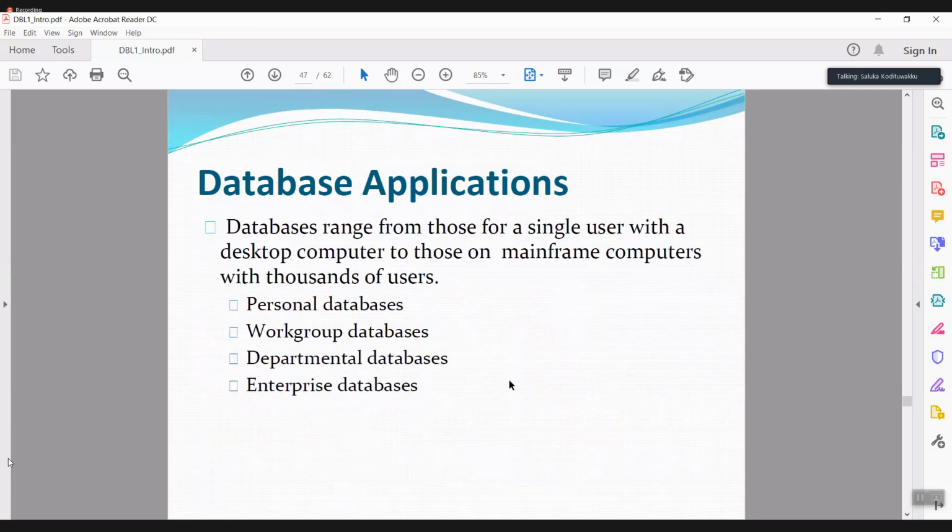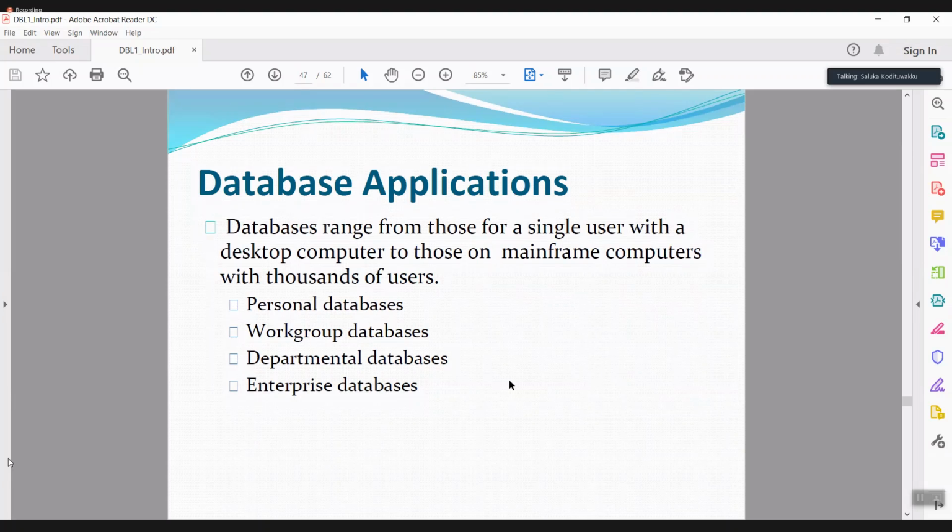And then when we talk about database applications, this means that when managing data, different people want to manage data for different purposes or different objectives. Depending on that, different types of databases are known as database applications.